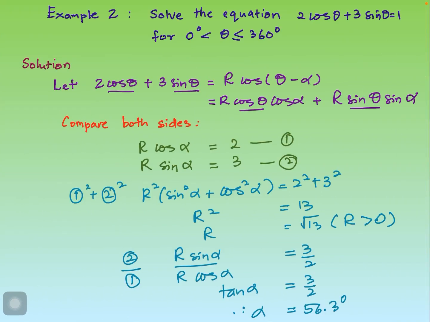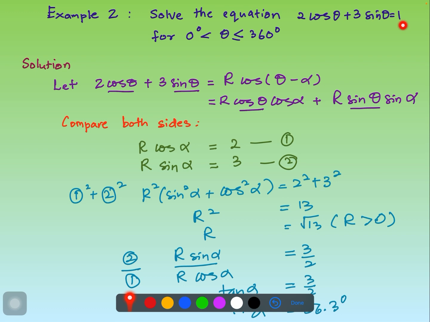Example 2. Solve the equation 2 cos theta plus 3 sin theta equals 1 for theta from 0 until 360. Solution. Let 2 cos theta plus 3 sin theta equal r cos (theta minus alpha). Because here is cos first, we have to use cos.